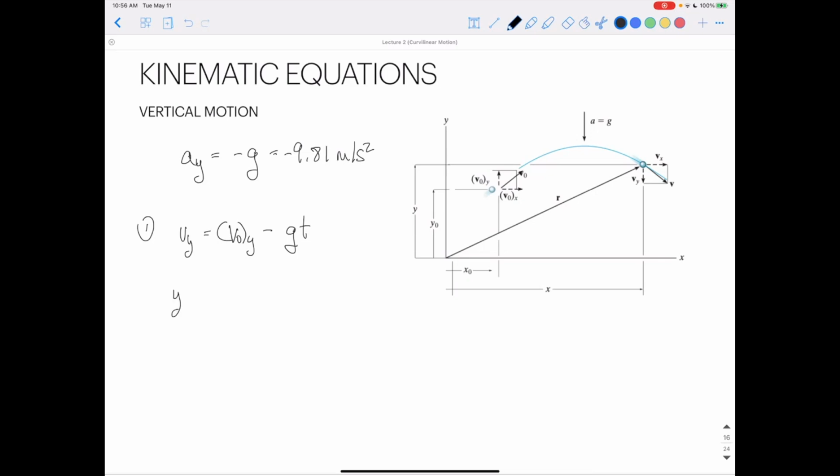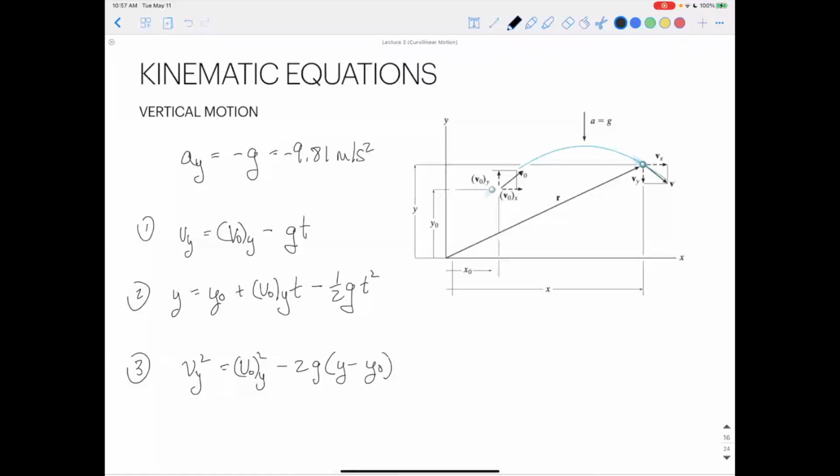Our next equation, our y position, is equal to our initial y position plus v0y times t minus 1/2 acceleration due to gravity times t squared. And then our last equation, equation 3, vy squared is equal to v0y squared minus 2 times acceleration due to gravity times our change in position y minus y0.